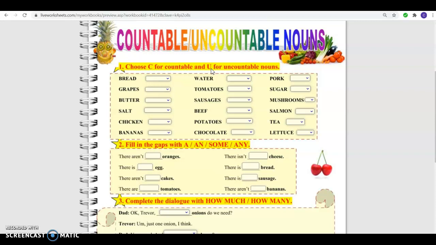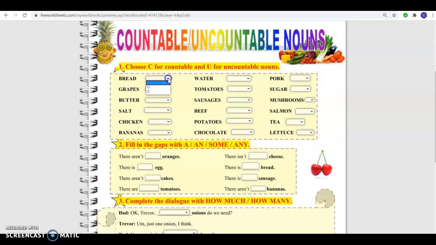Entonces todo esto que vengan en pequeñas partículas o pequeños granos son uncountable. Todos los líquidos también son uncountable. Todas las carnes, todos los tipos de carne también son uncountable. Okay? So, we're going to do this activity.